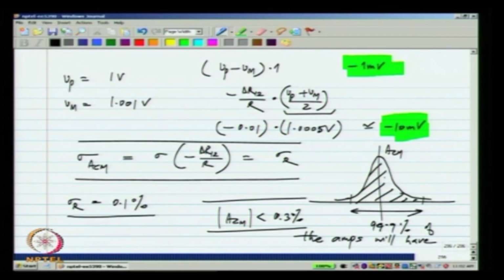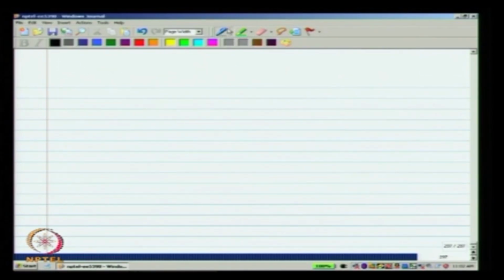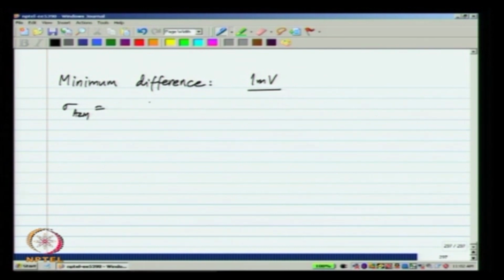Now, whether this is good enough or not depends on the application. So, let us say we are interested in measuring a minimum difference voltage of 1 millivolt. Let us also assume that our sigma ACM is 0.1%.